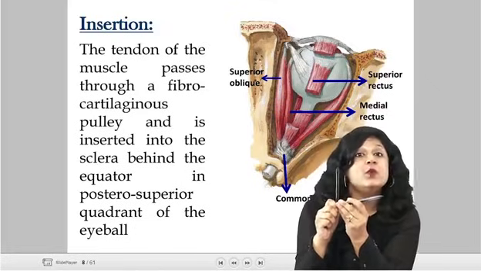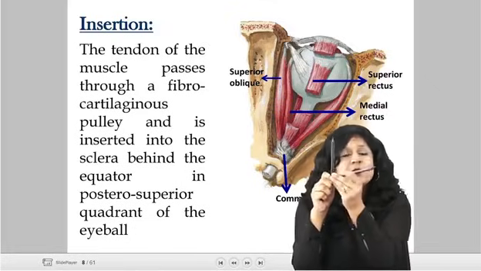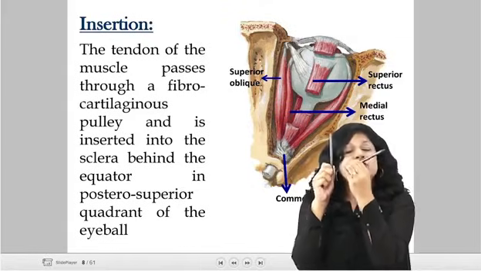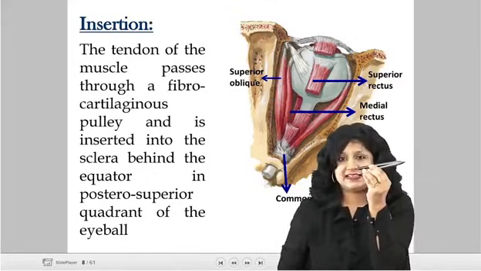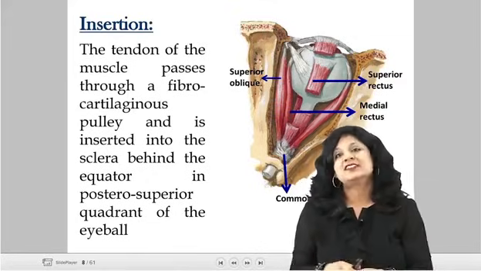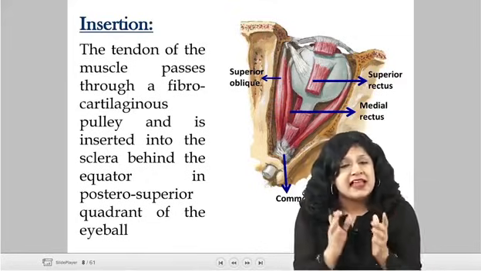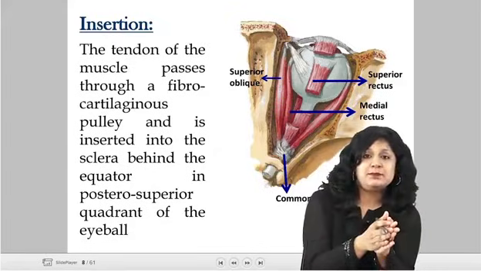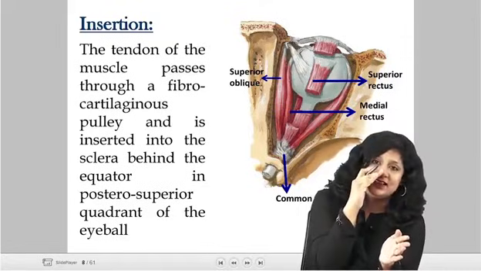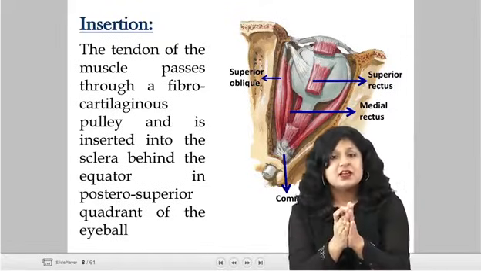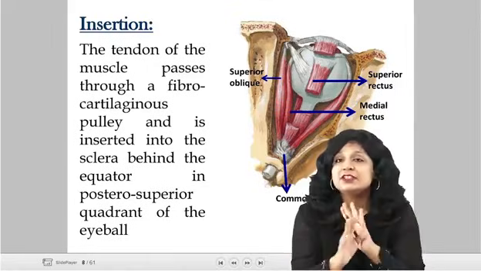This is 51 degree medially. So now when the person adducts the eye, both the axes will coincide, and that is why maximum elevation and depression by the oblique muscles is done when the patient is adducting the eye. Are you getting this? So I am not saying about the tertiary actions.